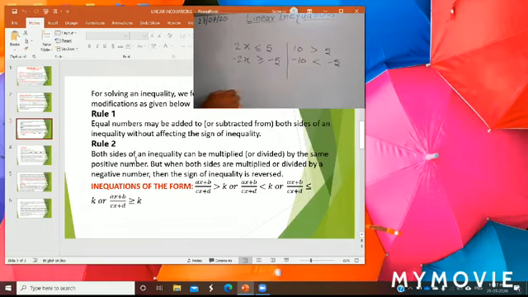You understand all that type of questions, and then I will discuss the inequation of the form given here. That form is quite complicated, so I will discuss it later on.